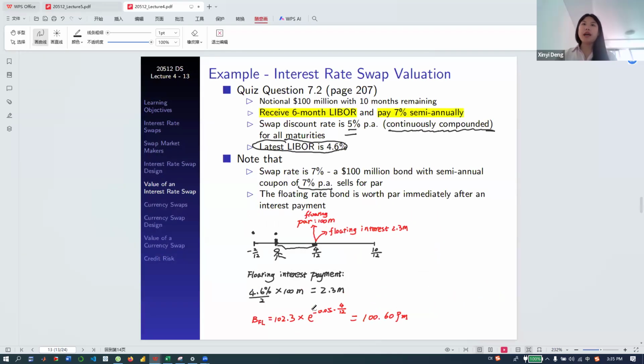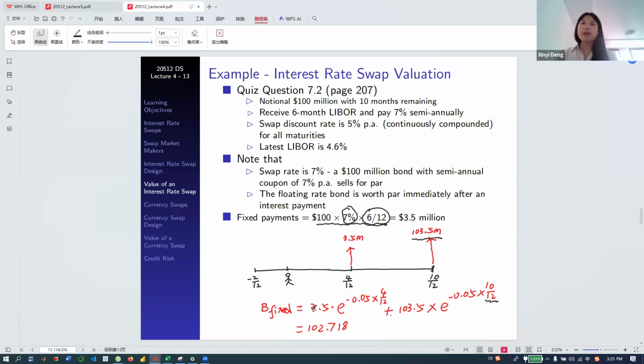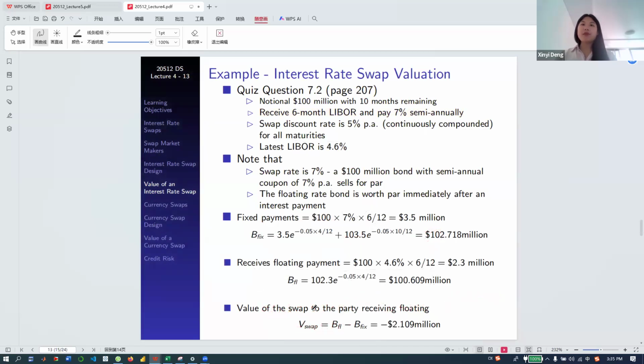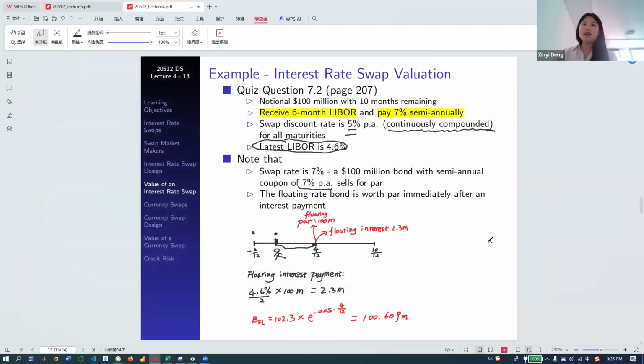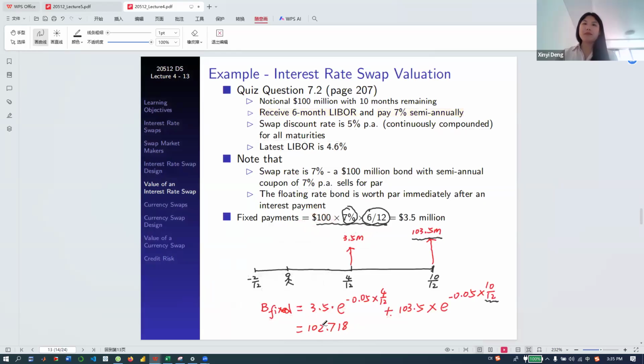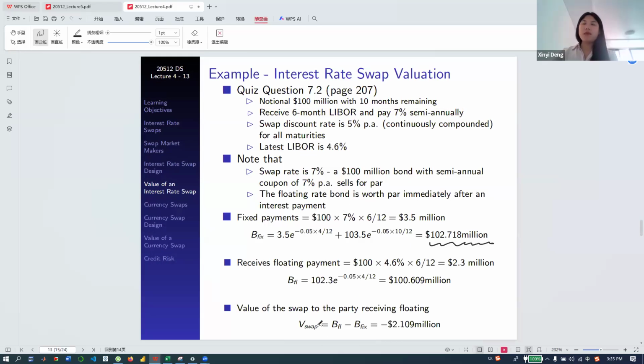Now, recall that the value of the swap is the value of the floating rate bond minus the fixed rate bond. So we just use that $102.718 million, which we just calculated, the fixed rate bond. Sorry, actually we are going to use the floating minus the fixed.